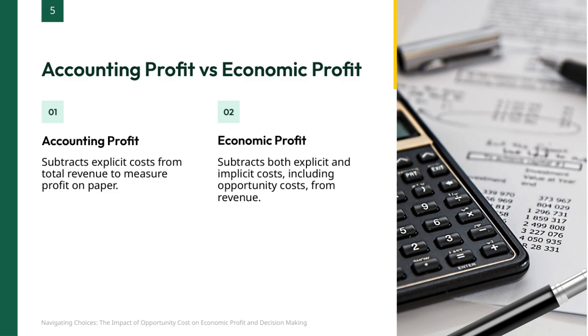This means economic profit takes into account the value of the next best alternative foregone, giving a more comprehensive view of true profitability. The image of the calculator, pen, and magnifying glass on financial documents reinforces this detailed examination of costs and profits. Understanding this distinction is crucial for making well-informed business decisions.